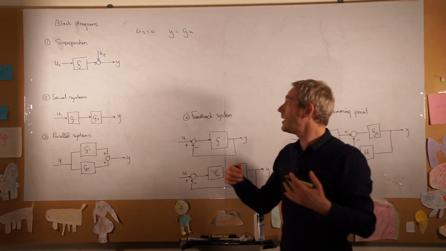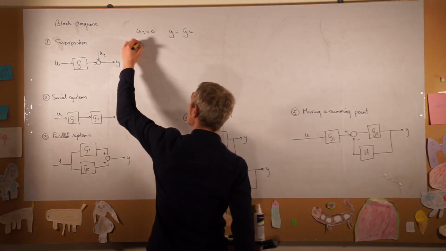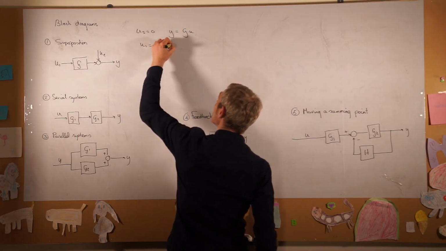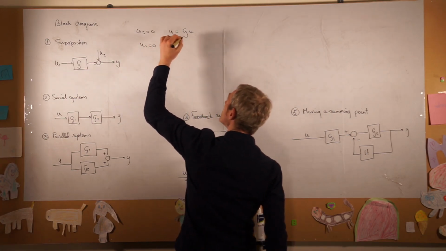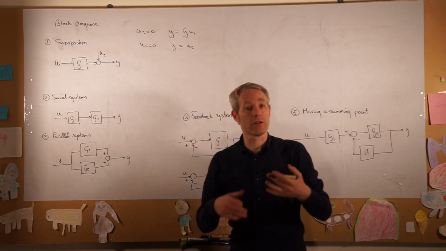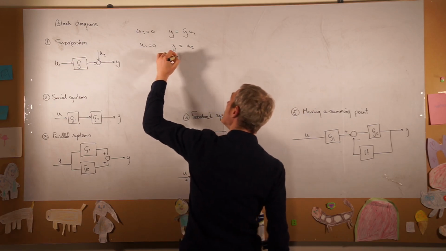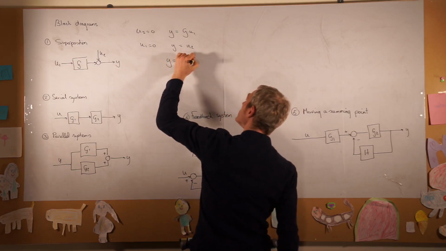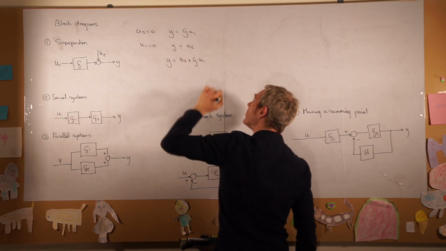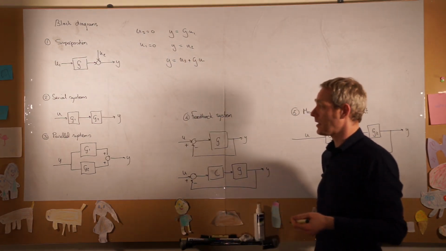If we now set U1 equal to 0, we have that Y is U2. To get the complete result, we add these two together, and Y is U2 plus G times U1. Of course, the multiplications are all in the Laplace domain.